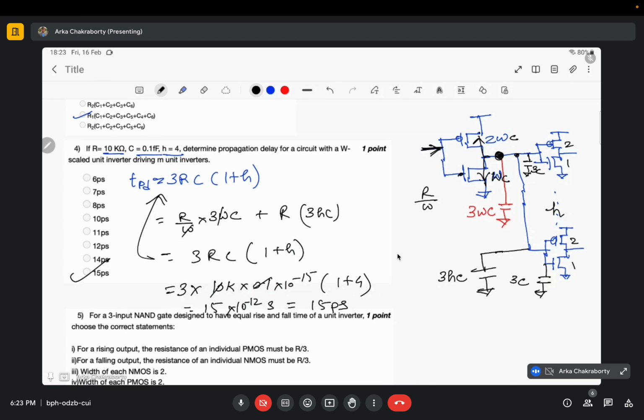Like, are you talking about this node? Actually, I'm not getting your question. So, what is your question basically? That this capacitance should be at the input you are saying.